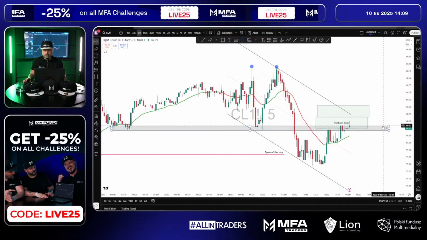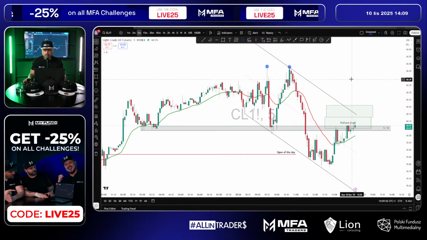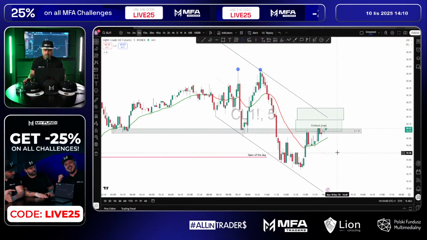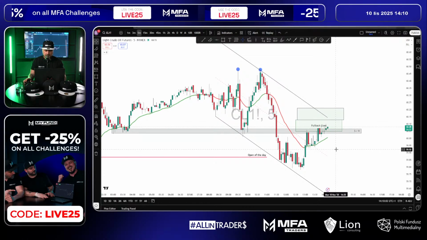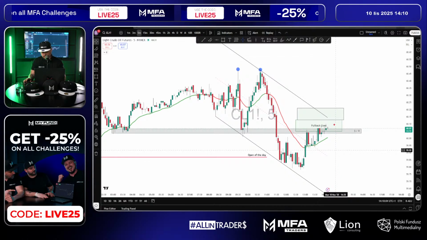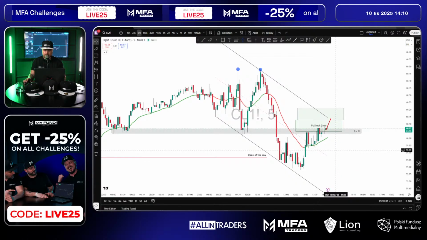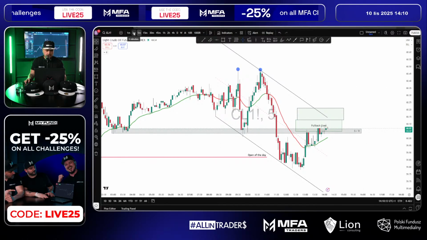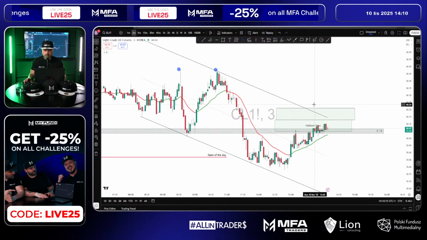And also we need to check, I'm not sure if this impulse is finished already, so we cannot check measured move. So I'm not sure where will be our measured move. We need to wait for this impulse to finish.